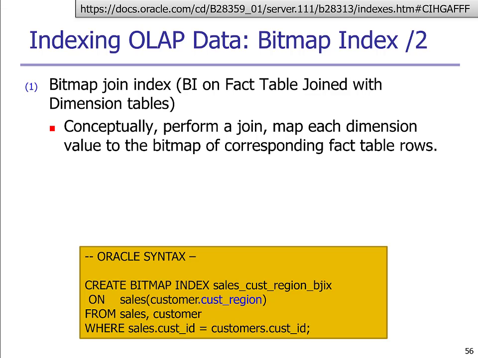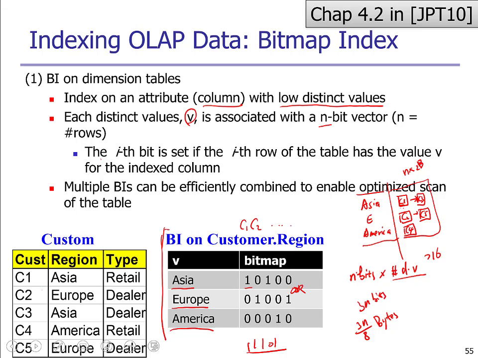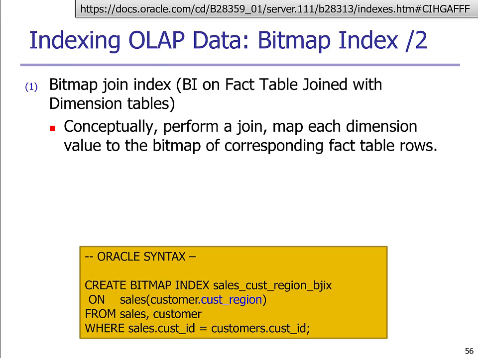So far we have discussed the bitmap index on the column, on the dimension tables. But what we really care about in a data warehouse is those on the fact table, right? Because the IDs on the fact table, or the measures on the fact table, is what we want to have eventually.